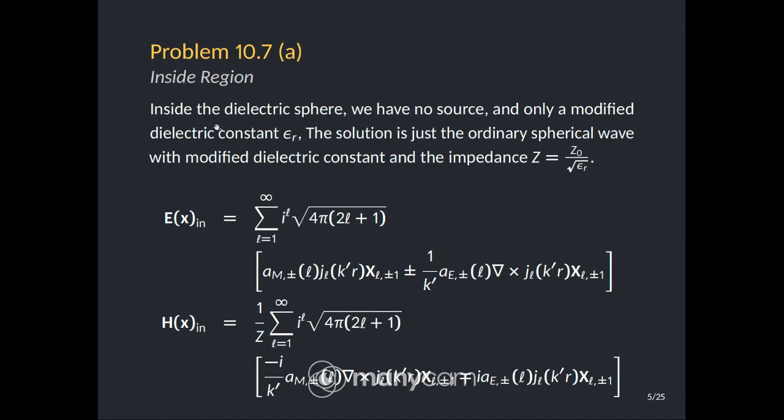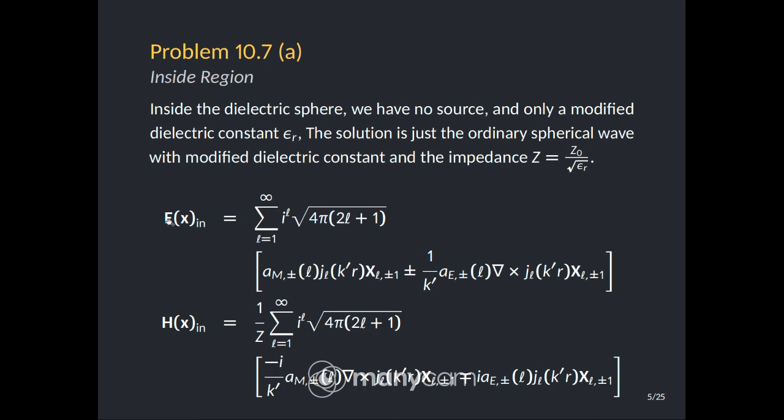For the field inside the dielectric sphere, because our system has no source here and we only have a modified dielectric constant, the solution is just an ordinary spherical wave with a modified dielectric constant, and the impedance Z is equal to Z naught divided by the square root of epsilon r, where Z naught is the vacuum impedance.